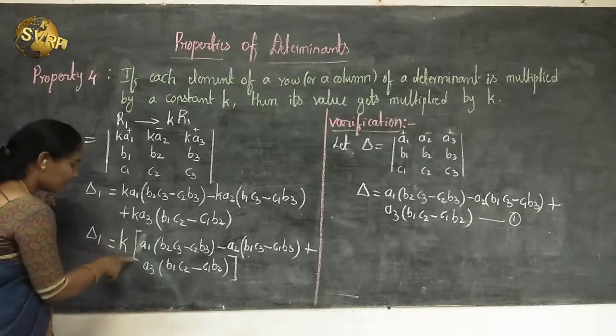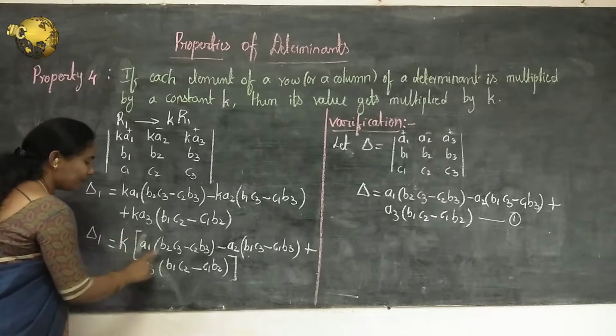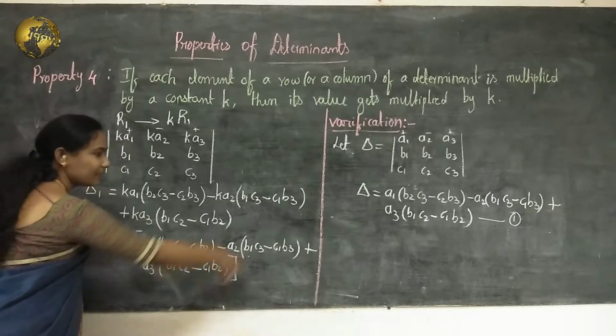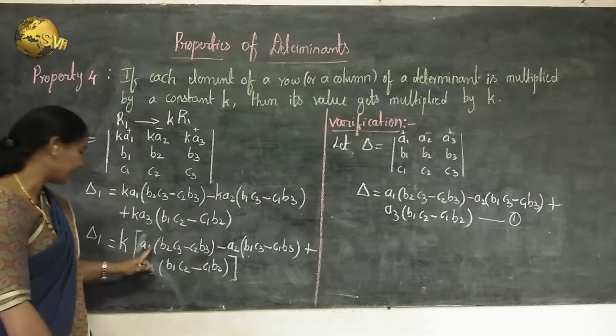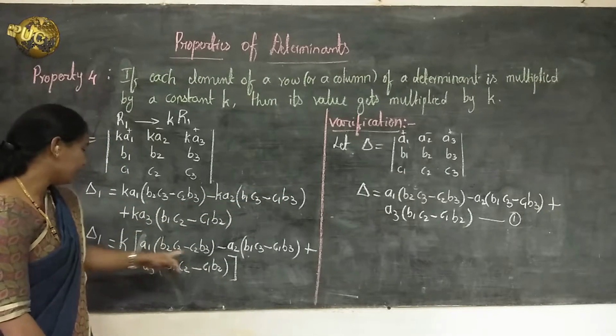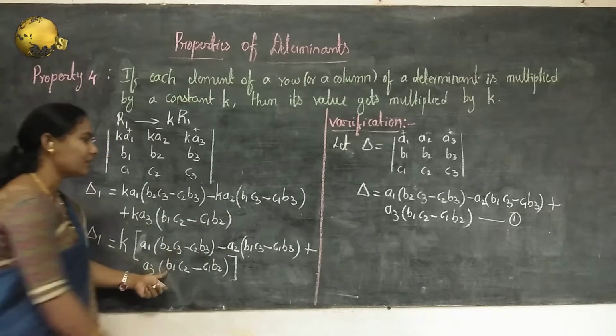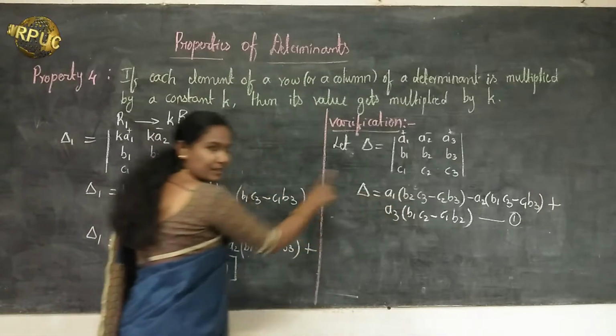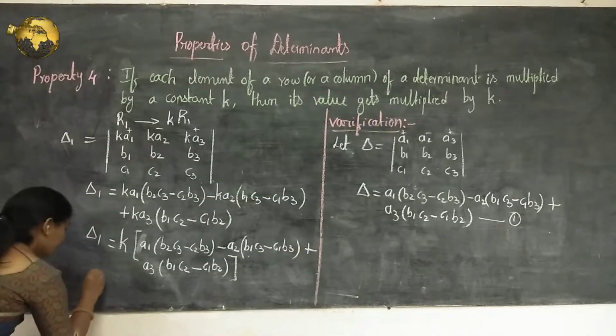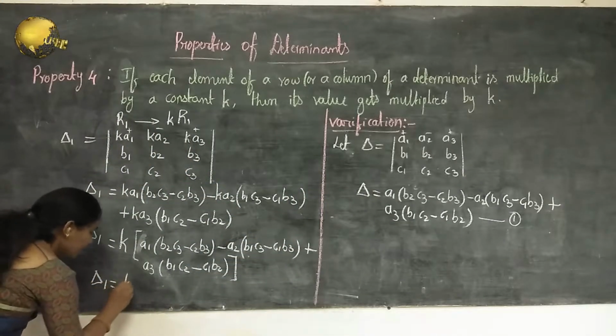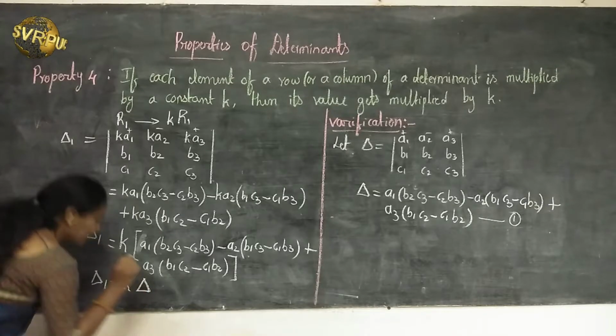Just see whatever the elements are inside the brackets. See equation 1, it is the same: a1 b2 c3, a1 c2 b3. So this is according to equation 1. What is the value of this? It is delta. So delta 1 is equal to k into delta.